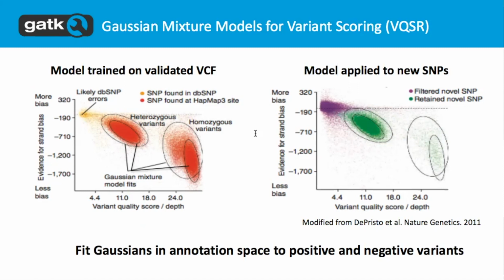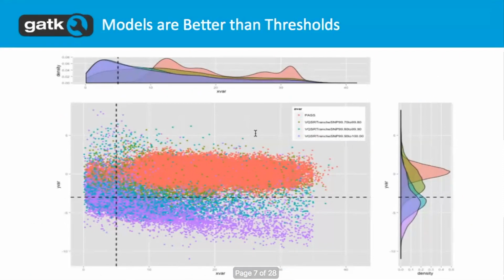Right, so if the point is anywhere here, there's going to be a high probability of this variant being in the bad model and low probability of being in the good model, so we assign a low VQSLOD score. And so that will be one of those variants that will end up somewhere here in one of the bad trenches.